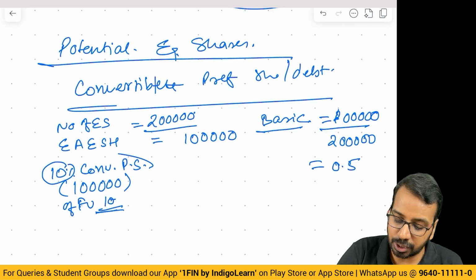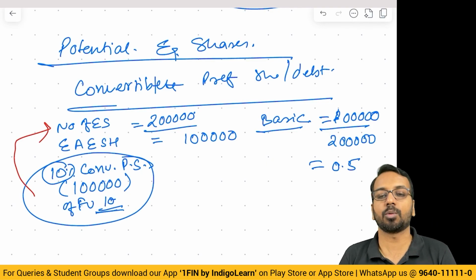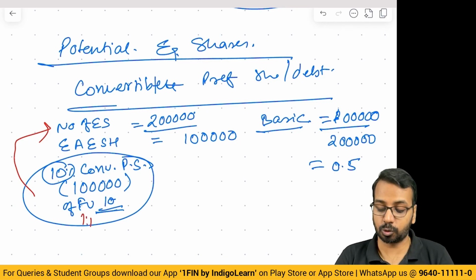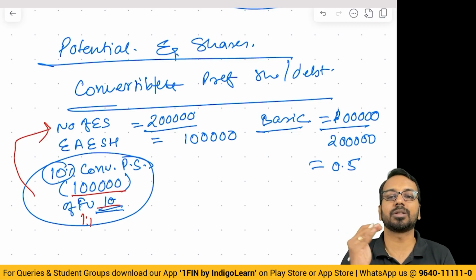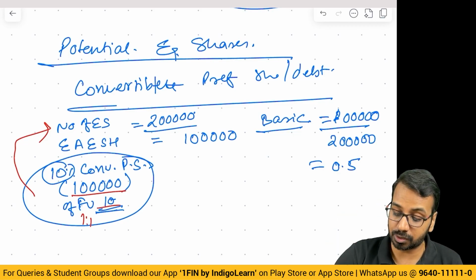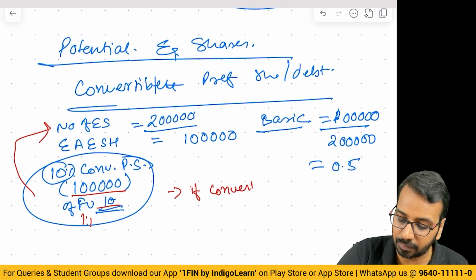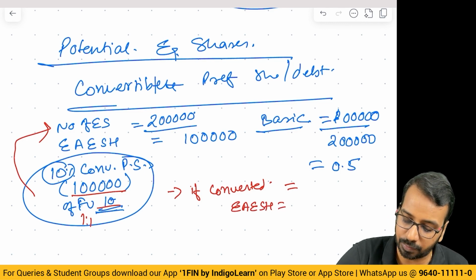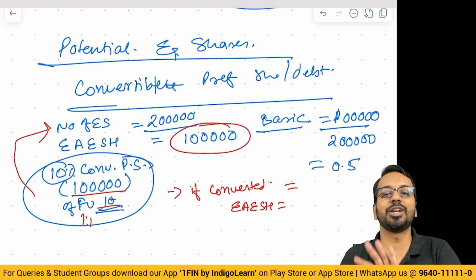Now, assuming these preference shareholders get converted to equity shares, what will happen? Sir, what is the conversion ratio? Assume 1:1. How many shares are here? We have 1 lakh divided by 10, 10,000 shares are here. So, if they are converted, see, right now we have 1 lakh as the earnings. If they convert, we don't need to pay them dividend.